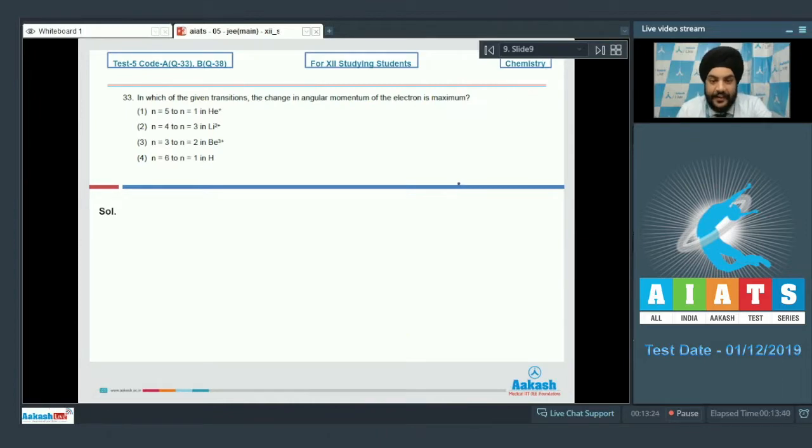Question number 33. In which of the given transitions is the change in angular momentum of the electron maximum? So students, we know that angular momentum is represented by the letter L. L is equal to mvr, which is equal to nh upon 2 pi. So we can clearly see that the L value is directly proportional to n only, since h and pi are constant.